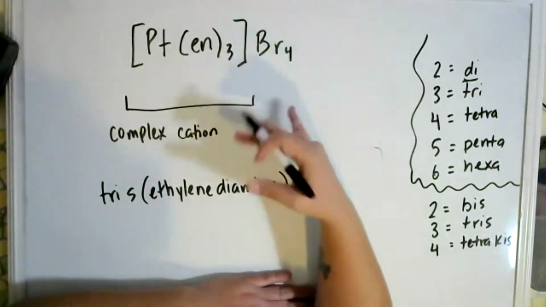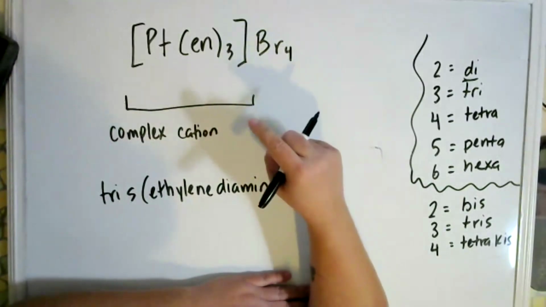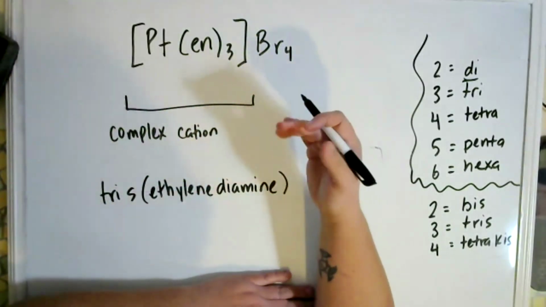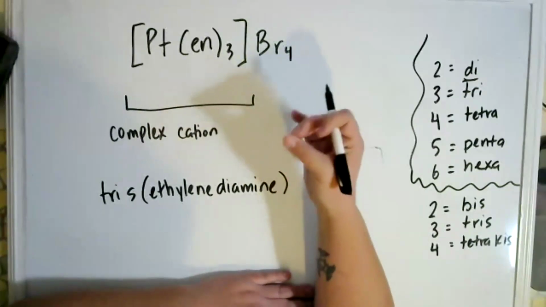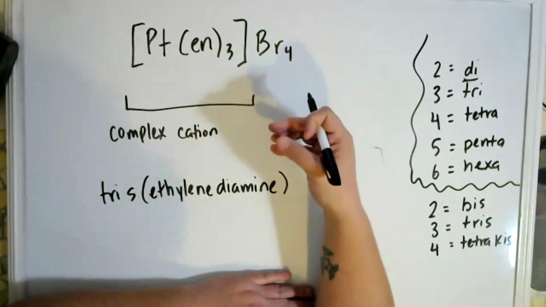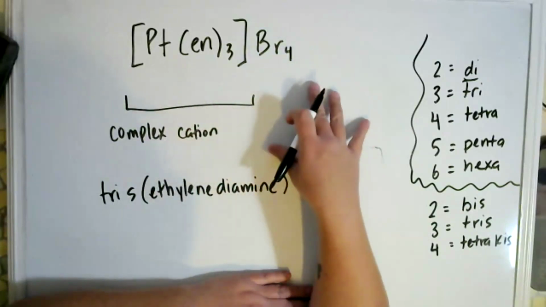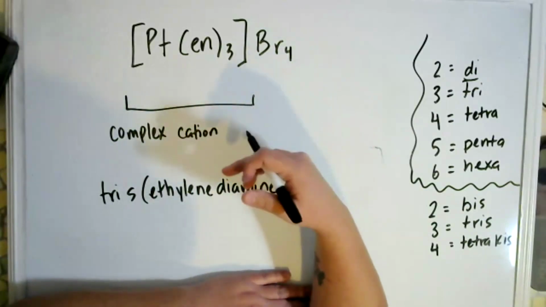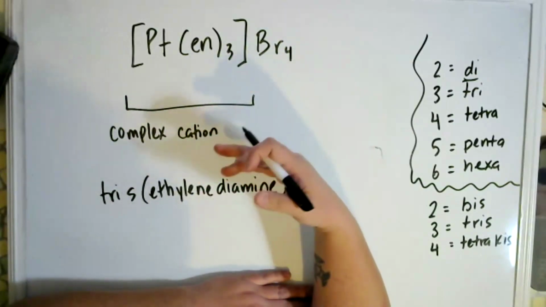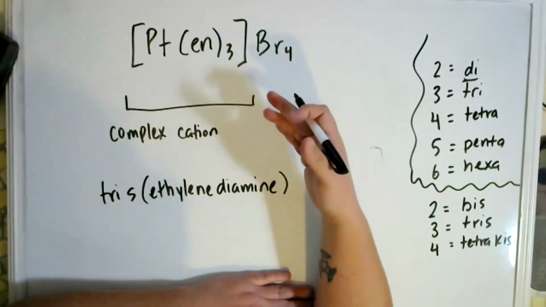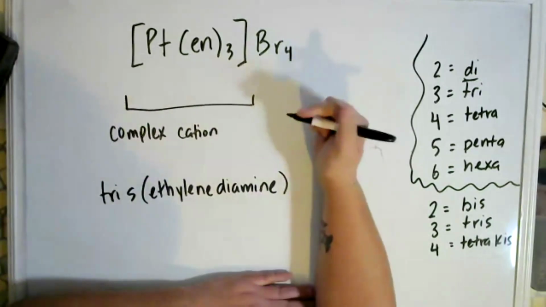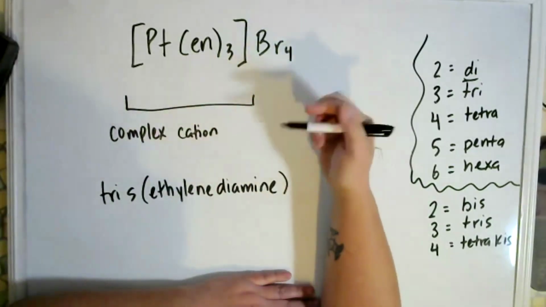The other thing that you have to know about the ligands, aside from whether they're monodentate or bidentate or hexadentate, is which ligands are neutral and which ligands are charged, okay? Because when you're doing the oxidation states, like we saw in the earlier examples with the ammonia and the water, when you know that your ligand is neutral, that information helps you find the oxidation state. So be aware of that.